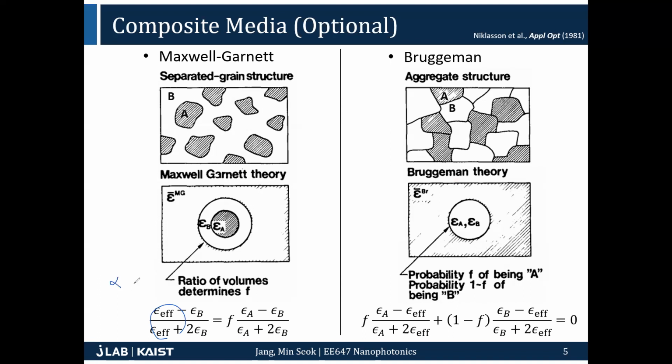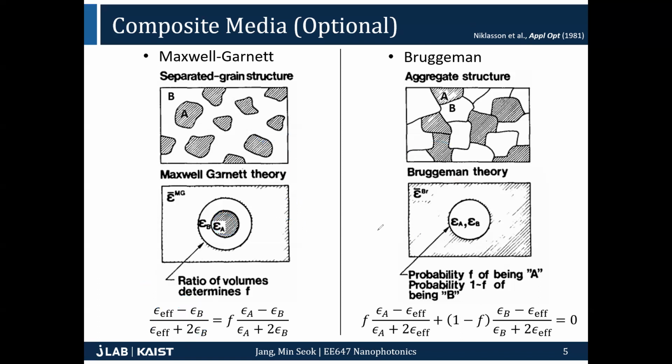When we calculate alpha, the polarizability of a localized sphere, you encounter the same mathematical form of these permittivities. So they are related, right? You basically approximate this situation to a spherical inclusion, and here too. Okay, so that's how it's related.